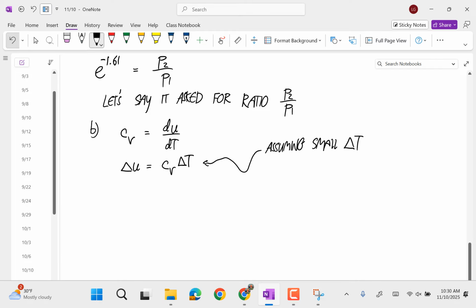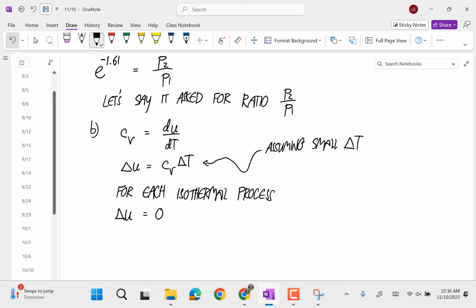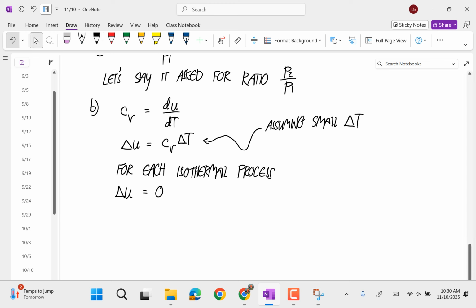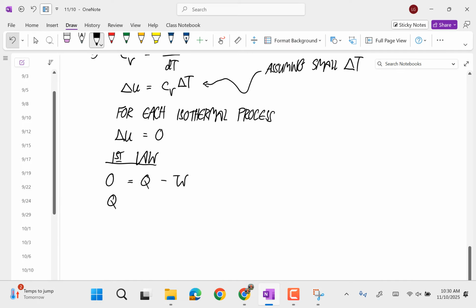The effect of that is that for each isothermal process, there's no change in specific internal energy. And so the first law says that 0 is equal to Q minus W. So Q is equal to W.